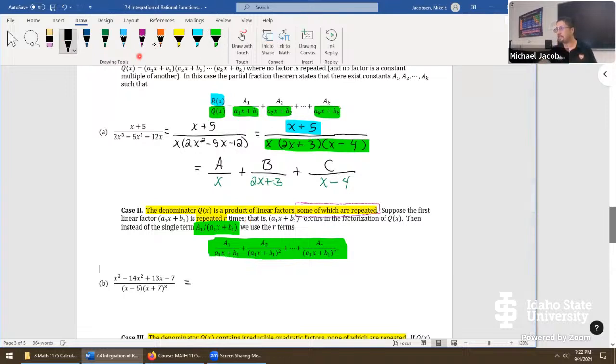With part B, again, this one's nice. It's already factored. It's all about the denominator for the moment. But notice the first factor, x minus 5, just gives us A over x minus 5 to start. But it's the second factor which put us into case 2. It has a multiple of 3, so we've lost distinct linear factors. It's being repeated. So if the multiplicity is 3, then we start off with power 1.